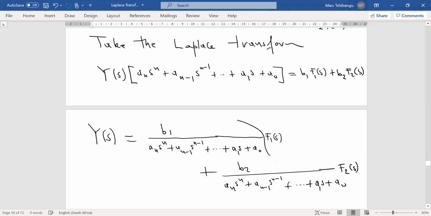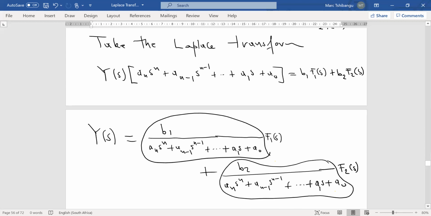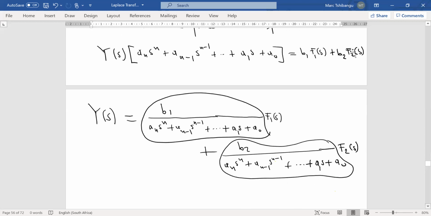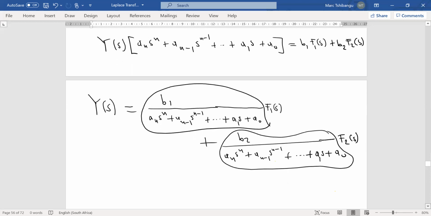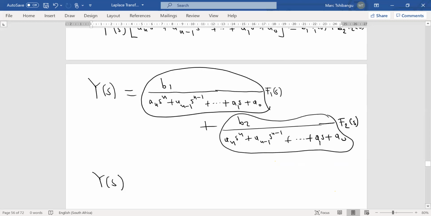Remember that this corresponds to the transfer function. So now we have Y(s) that is equal to G1(s) times F1(s) plus G2(s) F2(s). All right, just simple manipulation.